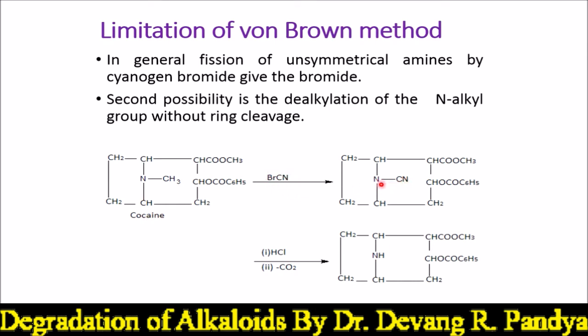The cyanide group remains attached to the nitrogen, but bromine cannot attach to the neighboring carbon atom, and then after treating with HCl and decarboxylation, we are going to get this cyclic structure. So that is the limitation in certain cases. Dealkylation of this N-alkyl group without ring cleavage will take place and we can't perform the degradation. This is the limitation of the cyanogen bromide method, or we can say the first von Braun method.